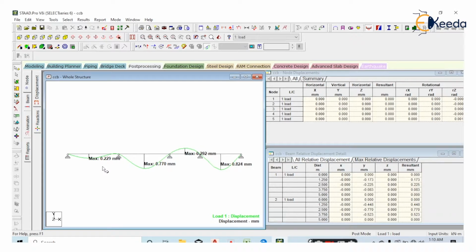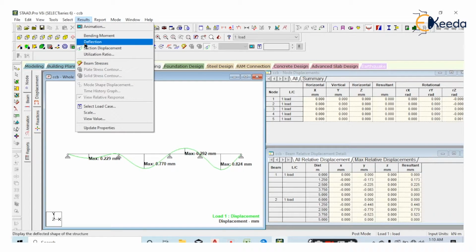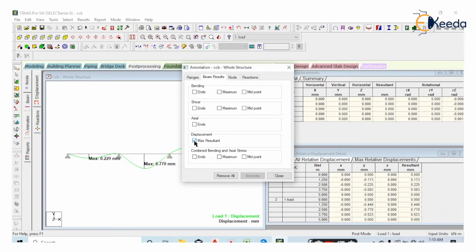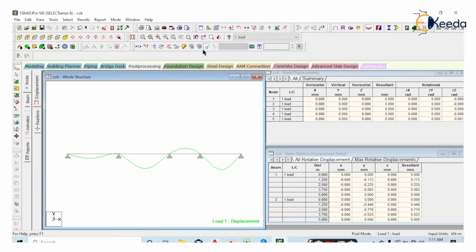So like that you can find out the maximum value of displacement on each beam. Okay, again go to results, view value, beam results, uncheck the displacement and click on annotate, close the displacement diagram.